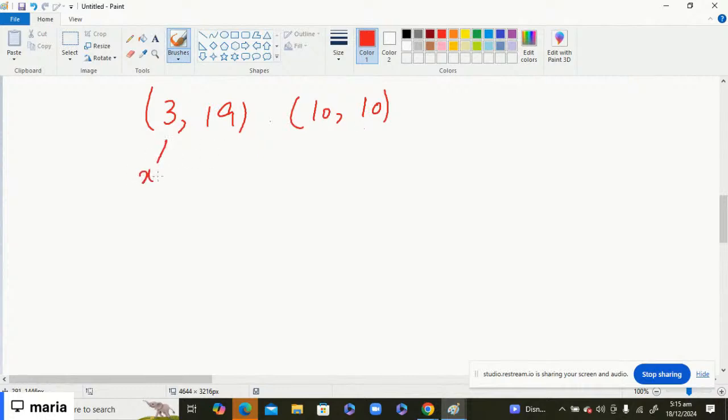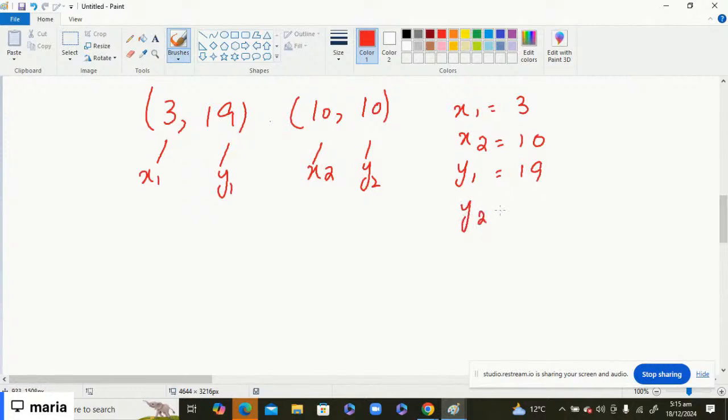Now this is your x1, this is your y1, x2 and y2. If you write it like this, x1 is 3, x2 is 10, y1 is 19, y2 is 10.